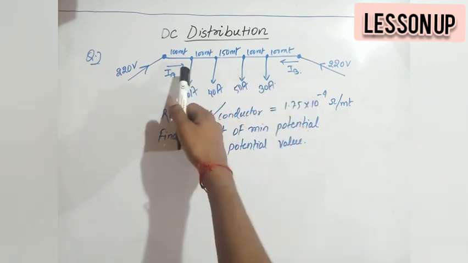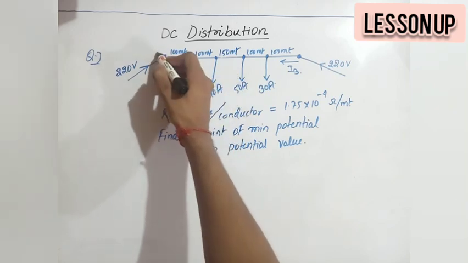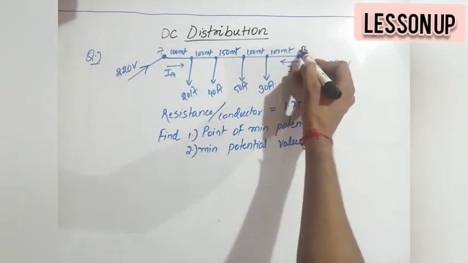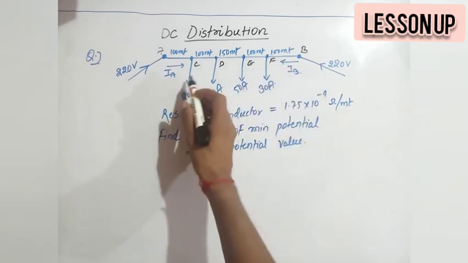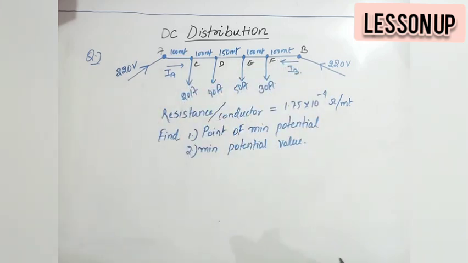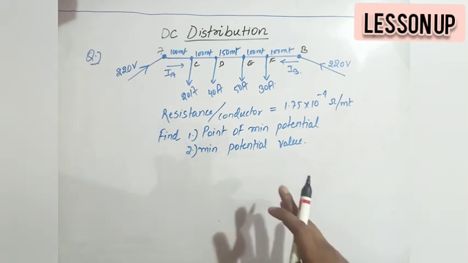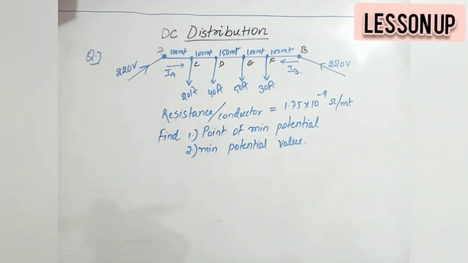Suppose this is A, B, C, D, E, F. At which point will we get the minimum potential, and what is the minimum potential value?